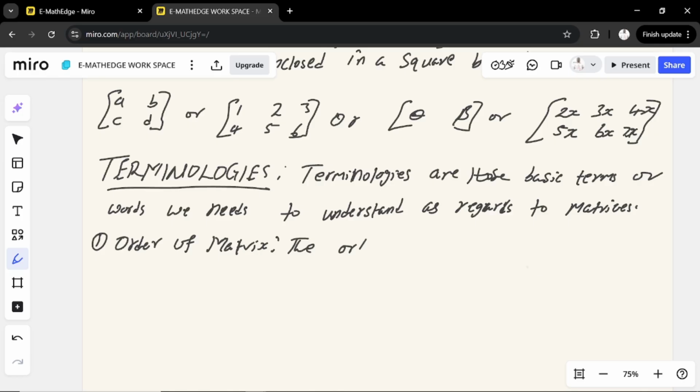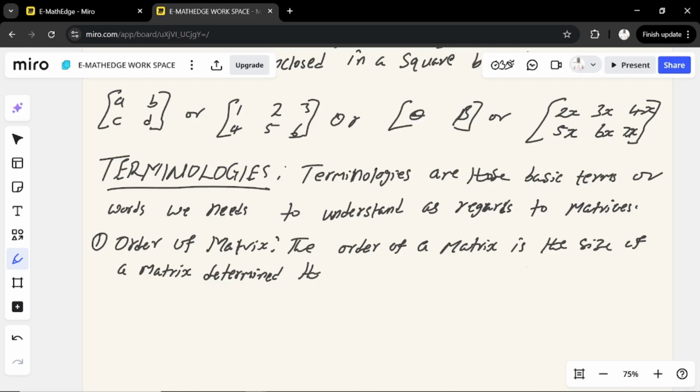The order of a matrix is the size of a matrix determined by the rows and columns.